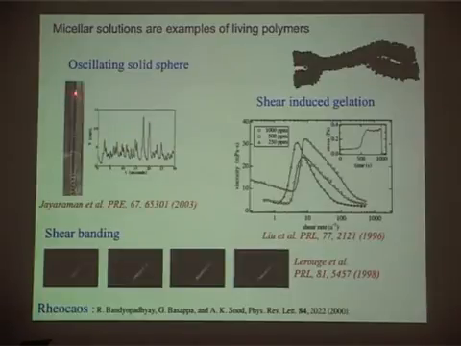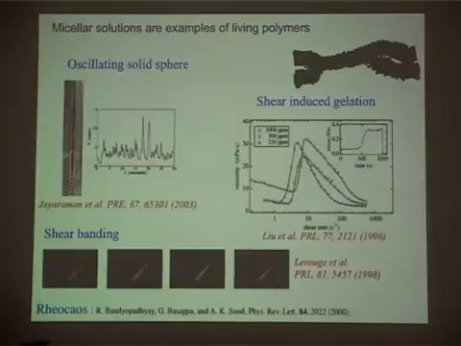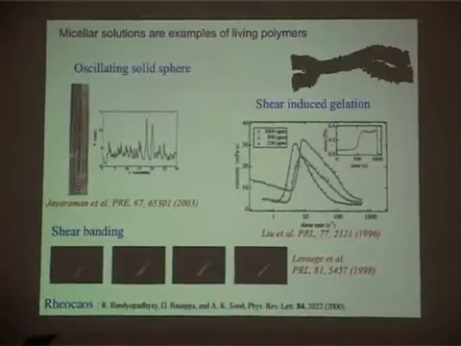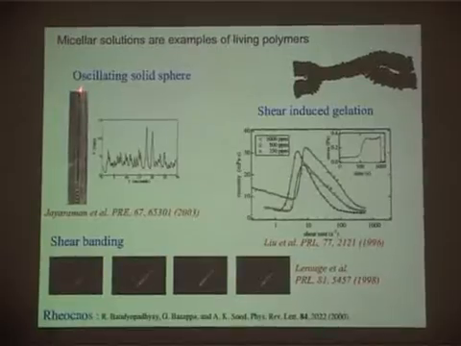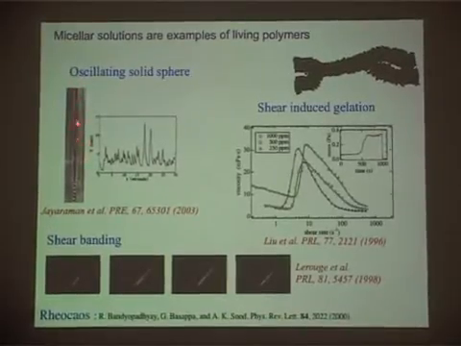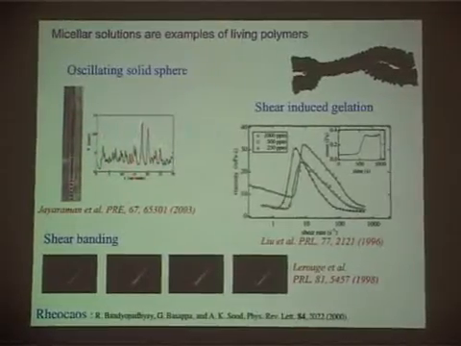And this is an experiment which we all do early in college, where we take a cylinder full of oil, drop a ball, and look at the terminal velocity. So here they were doing the same experiment with the CTAB solution, 9 millimolar equimolar solution, CTAB plus sodium salicylate. Okay, and then they drop this ball, and they find that the velocity of the ball, instead of reaching a steady velocity, actually oscillates.